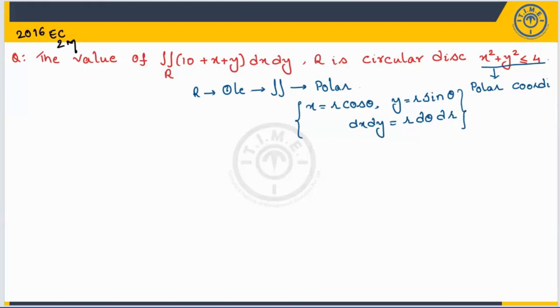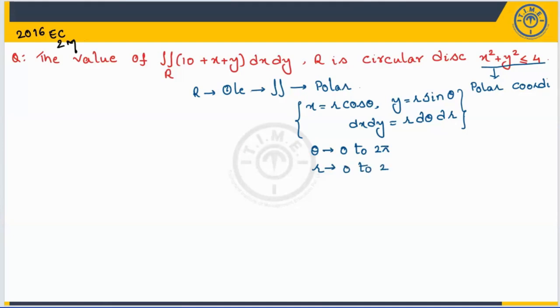Right. As we are taking a complete circle, theta will be varying from where to where? The complete circle means 0 to 360 degrees, that is 0 to 2 pi. And what is the radius here? x square plus y square is equal to r square, so 4 is 2 square. So the radius is 0 to 2.